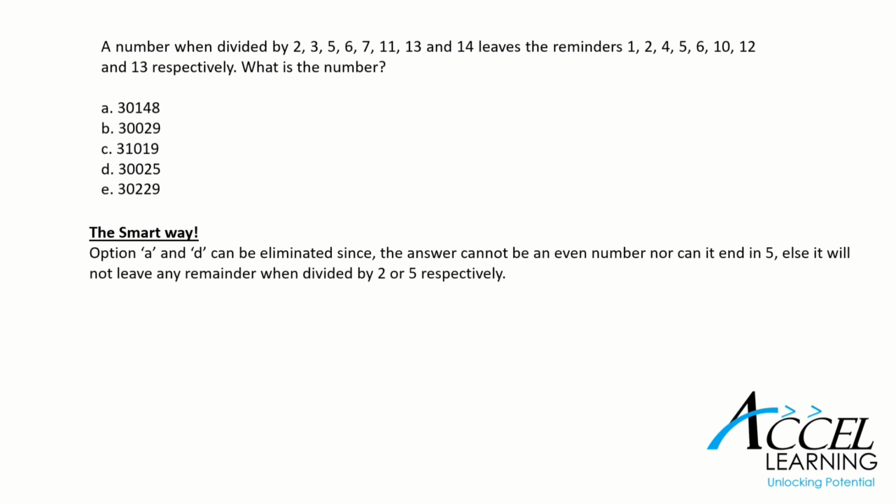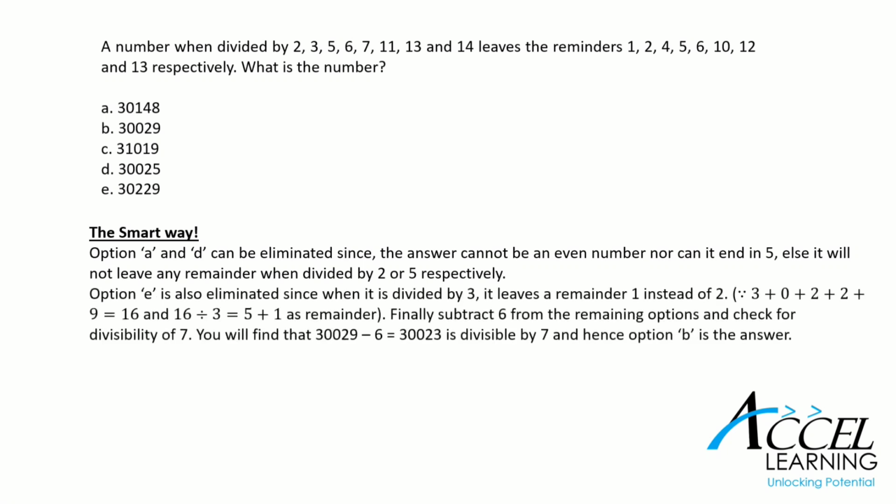Option A and D can be eliminated since the answer cannot be an even number nor can it end in 5, else it will not leave any remainder when divided by 2 or 5 respectively. Option E is also eliminated since when it is divided by 3, it leaves a remainder 1 instead of 2.